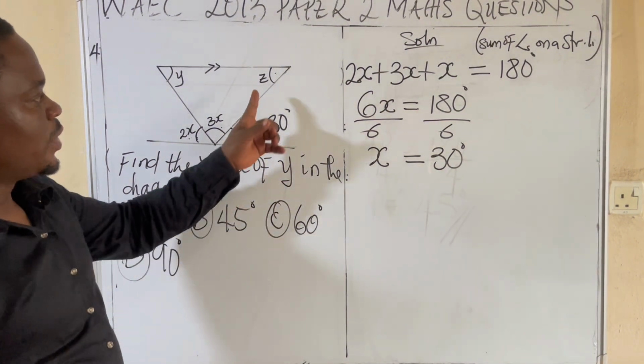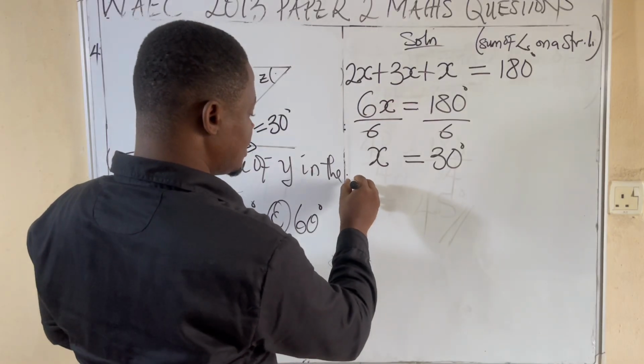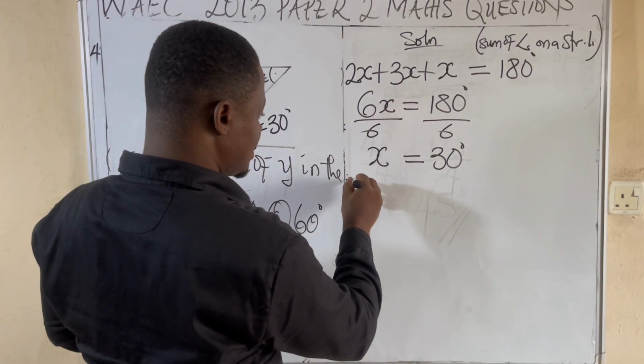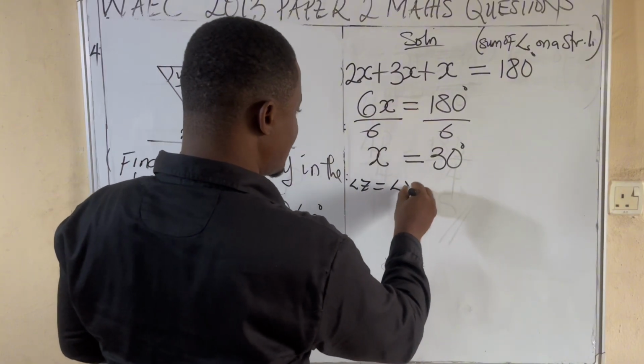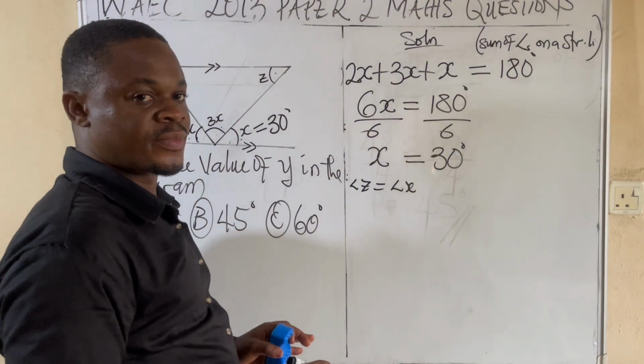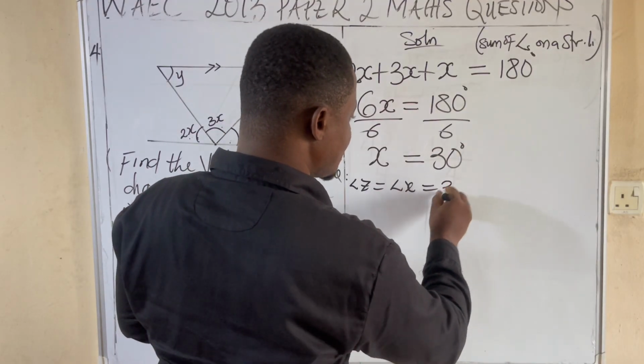Now, we established that the value of angle z is equal to the angle at x, and is equal to 30 degrees.